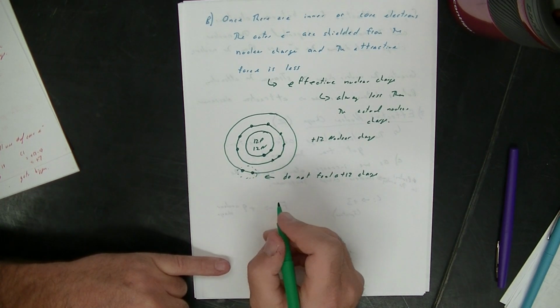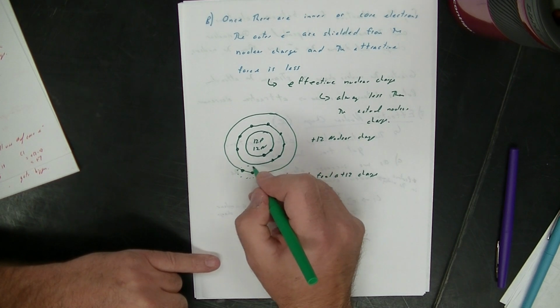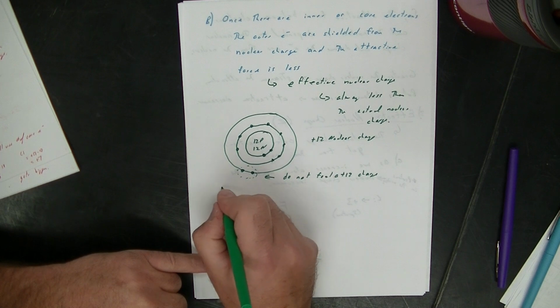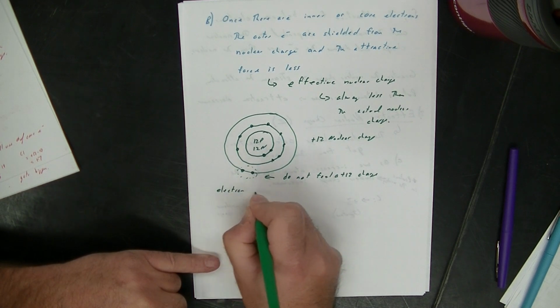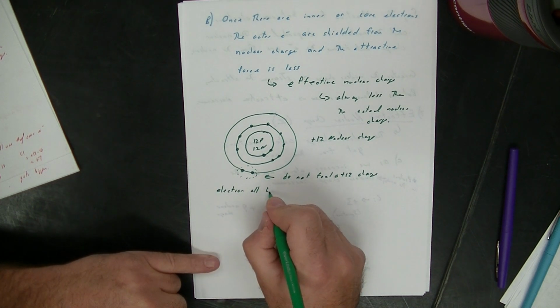Now, why is that? Well, remember, electrons all have a negative charge.